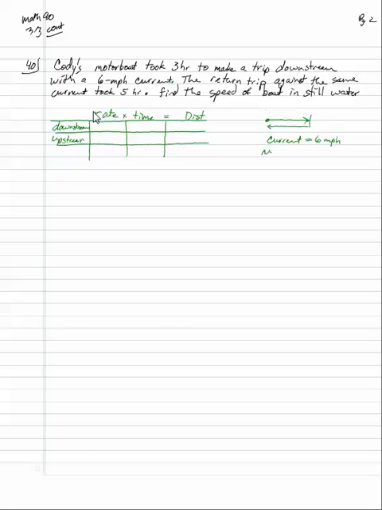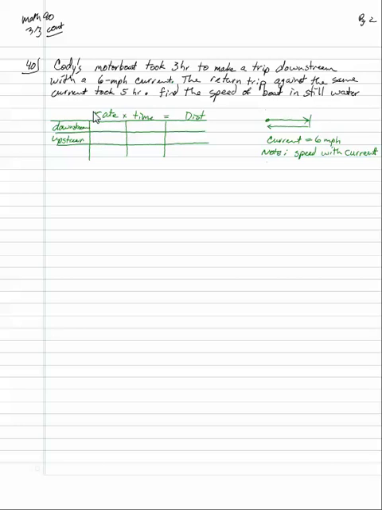Now note that your speed with the current is the speed that you can go with the boat. The actual motor is turning and pushing water past it, plus the current.